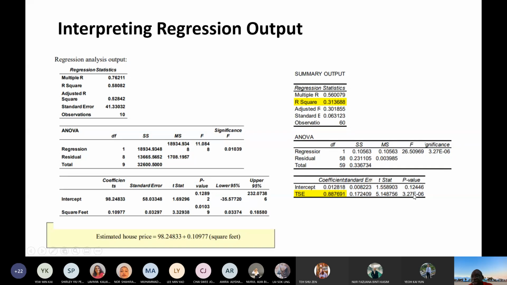We look for the significance, we look for the R square, we look for the coefficient, the size of the contribution of the change in price and the change in the other factor. These are the things we need to interpret when we have a regression.